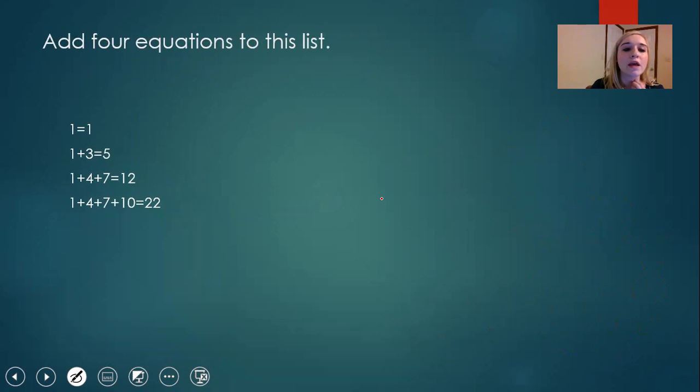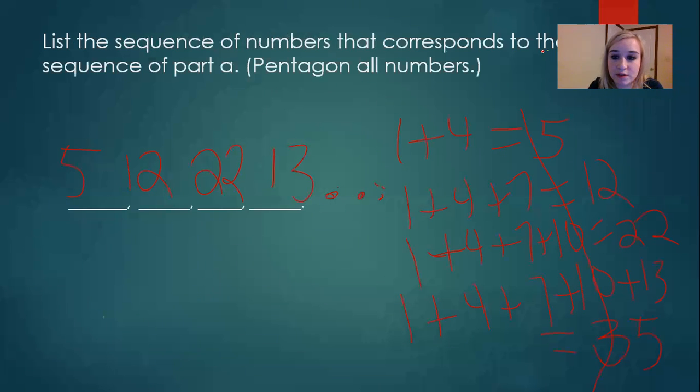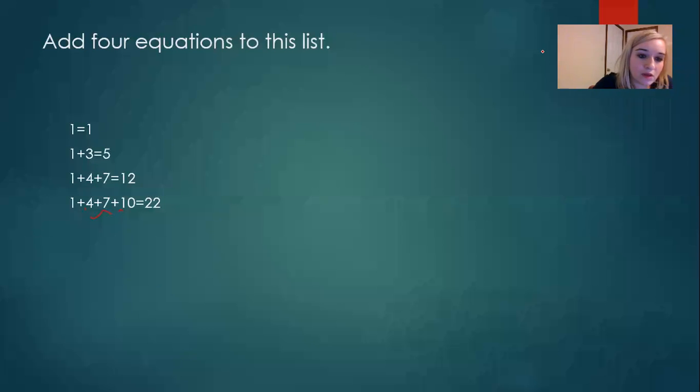So now it's asking us to add 4 equations to this list in this sequence. So what we're going to do is just keep adding 3 each time. So we've already started out with the 10. Next we're going to keep doing what we did in the previous slide with these equations.